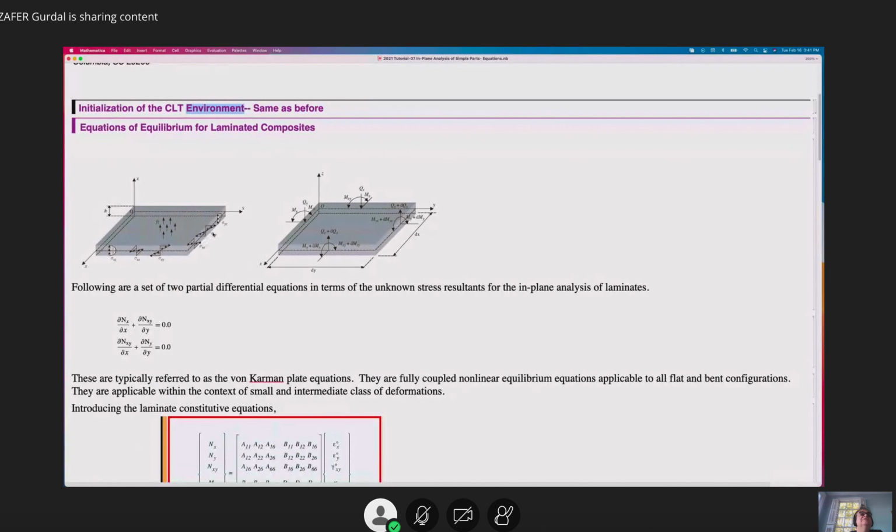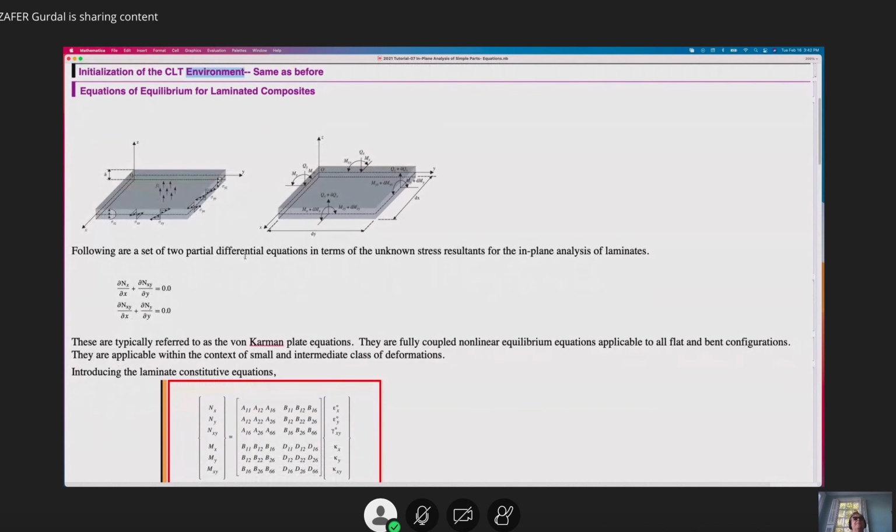But if you consider these, say, to be NX, NY, NXY, and MX, MY, MXY, then these are copied from an isotropic plate expression chapter. So these figures are misleading.